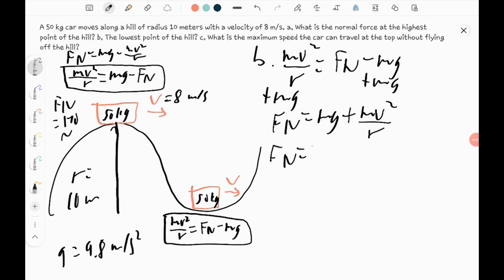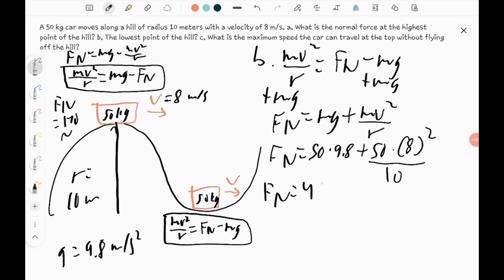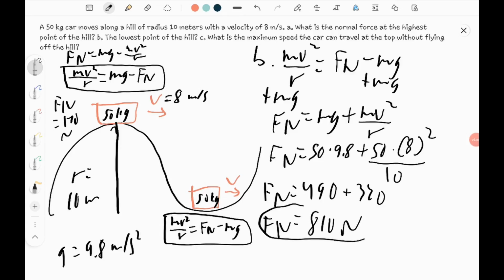Now, like before, all we have to do is substitute the values. So Fn is equal to 50 kilograms times 9.8 meters per second squared plus 50 kilograms times 8 meters per second squared divided by the radius, 10 meters. And that gives us around 490 plus 320 when you put it in a calculator, which gives a normal force of about 810 newtons. So that's our answer here.